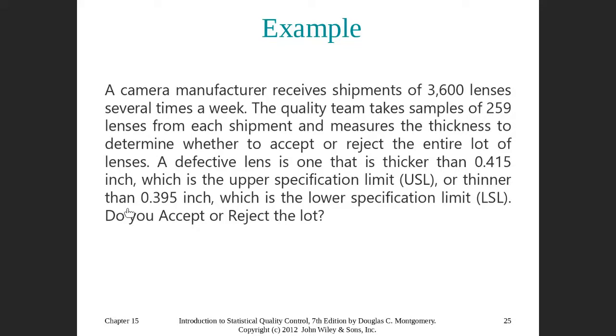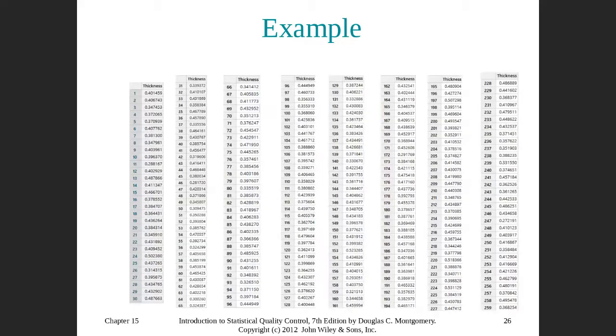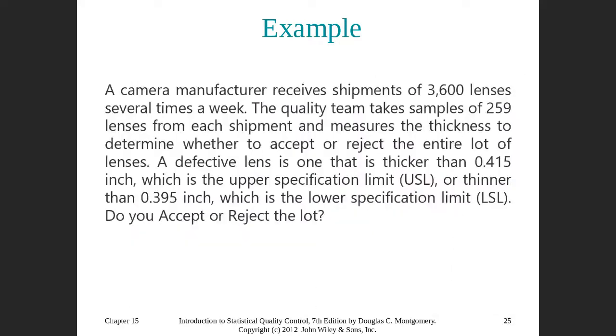In this example, we will practice on Minitab using the given data for the thickness of the part received in the shipment, which is 3,000 lenses. You have taken a sample of 259 of those lenses to measure the thickness, and you have lower and upper specifications, and it asks you to decide whether to accept or reject.